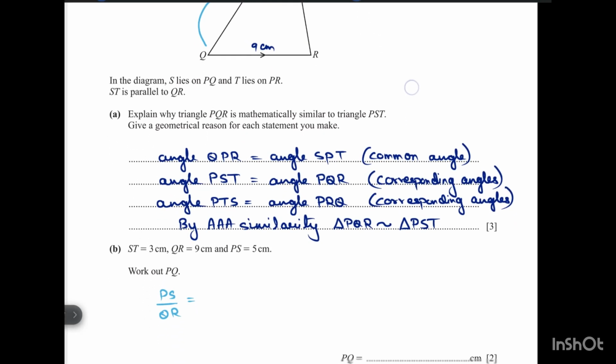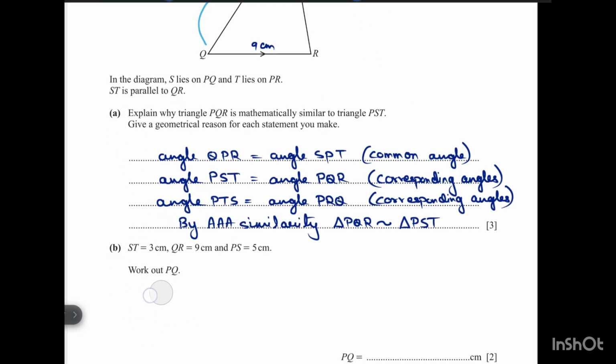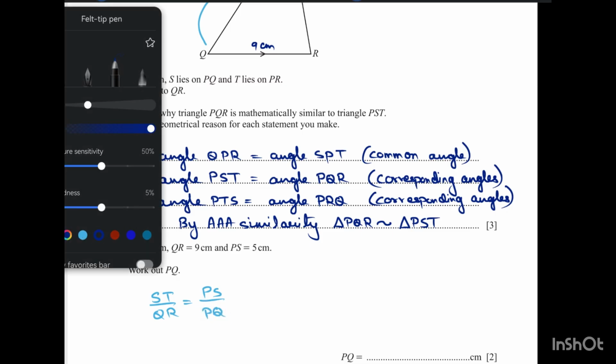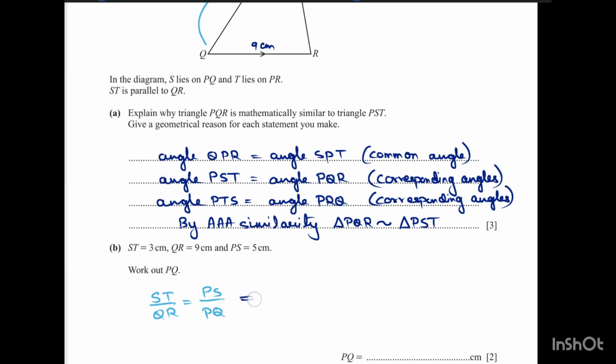ST by QR is equal to PS by PQ. Using this, substitute the values. 3 by 9 is equal to 5 by PQ, which we need to find out.